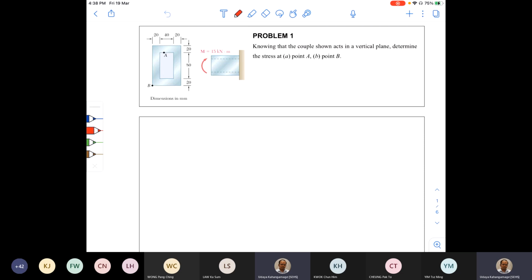And one important thing, you need to write down all the steps. Whenever you use an equation, the first thing you should do is to write the equation in symbolic form without substituting the numbers, right?